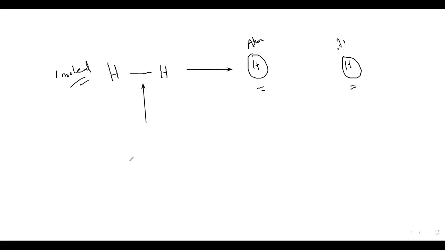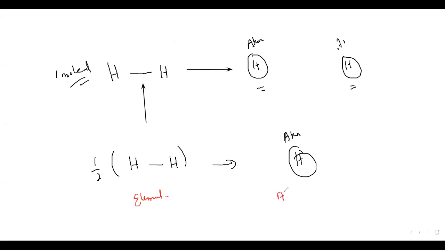But if we have half a hydrogen molecule, because if one is producing 2, how many hydrogen atoms will half a molecule produce? This will produce only one hydrogen atom. So when an element produces an atom, we call that the standard enthalpy change of atomization of hydrogen. Like we produce one hydrogen atom.